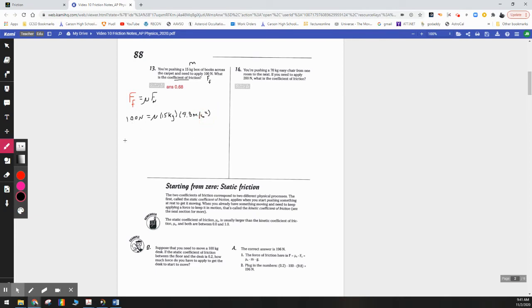If I solve for mu, it's going to be 100 newtons divided by 15 times 9.8, and that equals 147 newtons. So we'll do that division: 100 divided by 147 gives us approximately 0.68, and the newtons cancel out, so there are no dimensions here. So that's the coefficient of friction.